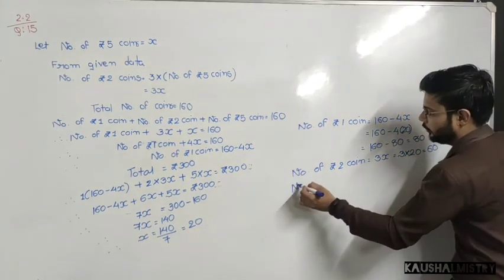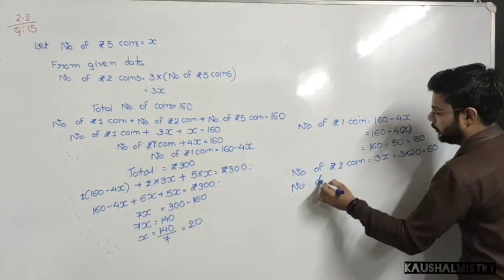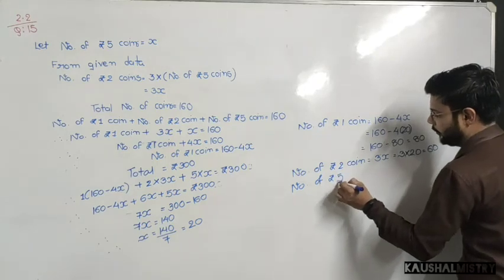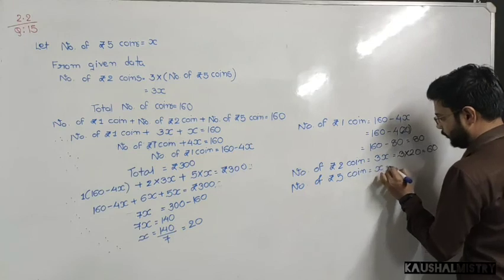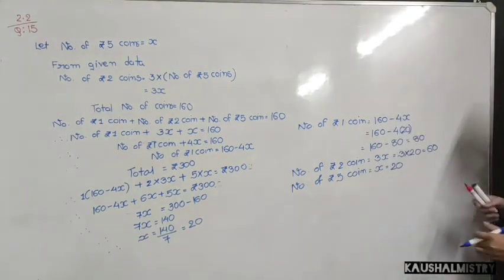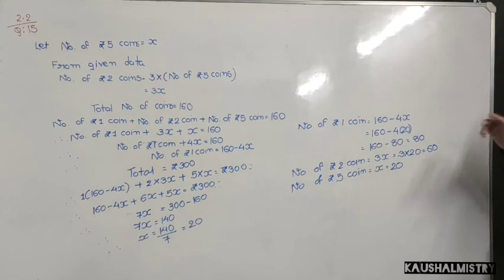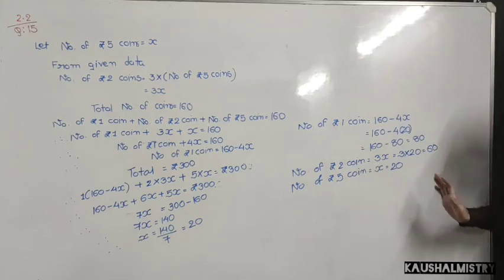And number of rupees 5 coin is x, and that is equal to 20. So 1 रुपये के कॉइन कितने हैं 80, 2 रुपये के 60 और 5 रुपीज के कितने 20, राइट.